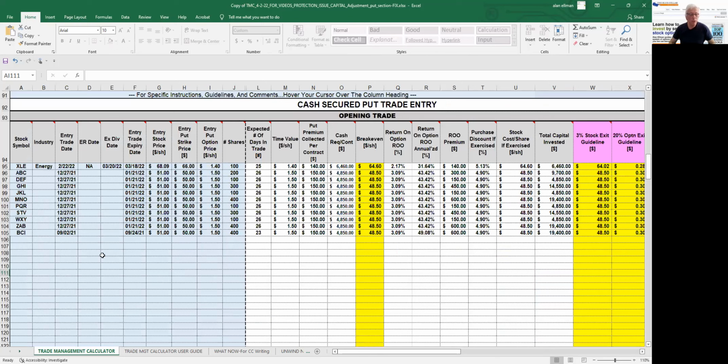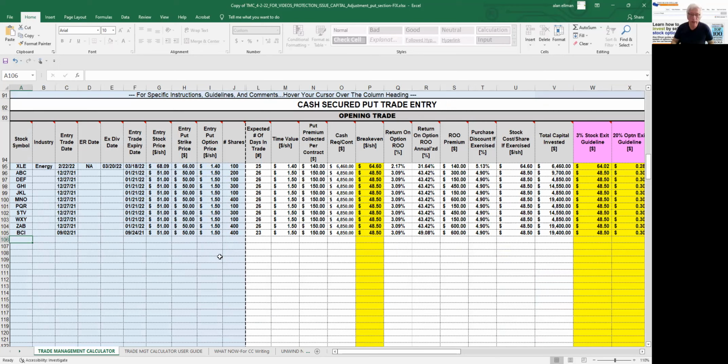And for simplicity's sake, you can see on row 105, we use this BCI hypothetical trade. Let's say we're doing a second exit strategy, and I'm just going to use the same trade I used on row 105.